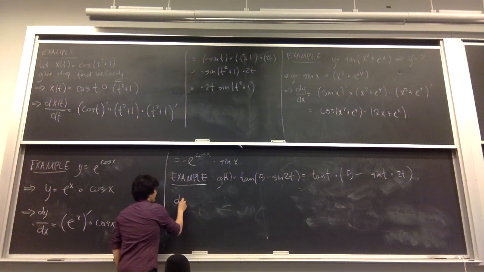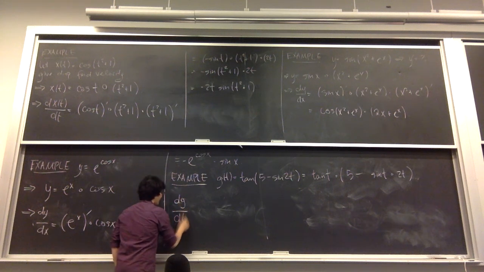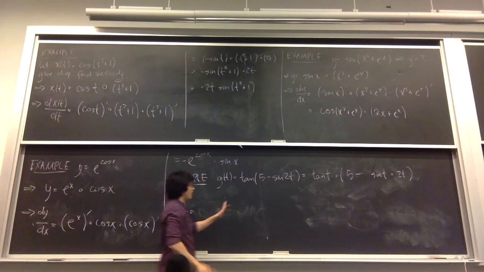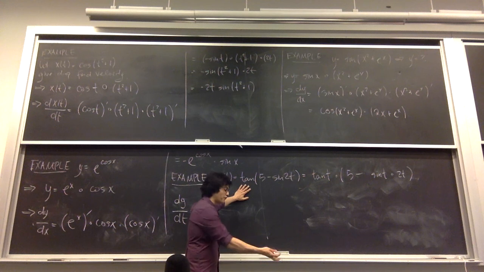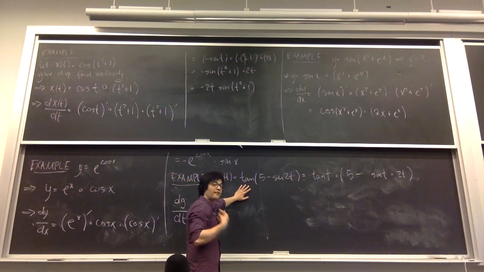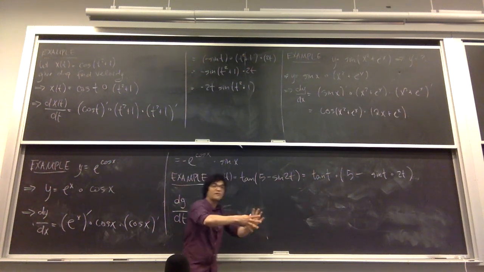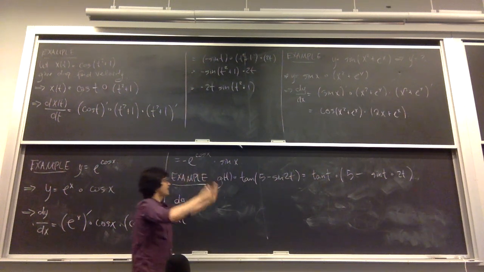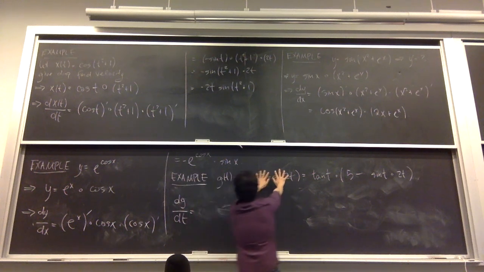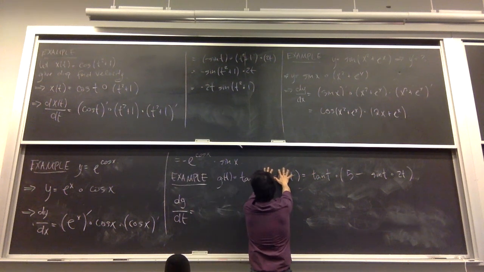So the derivative of g with respect to t, and this is how I look at this. I see this, and you look for the outermost function. A lot of mistakes made with derivatives is people go to the inside first and they try to derive. No, you have to start outside. You go outside in. So the outermost function is tan. Just ignore everything in here. So what's the derivative of tan?